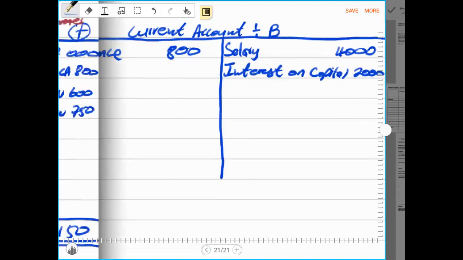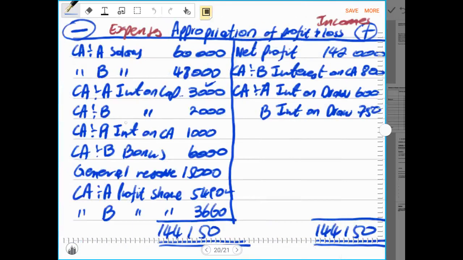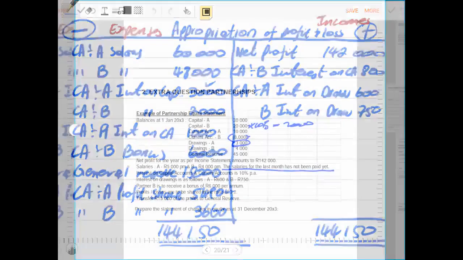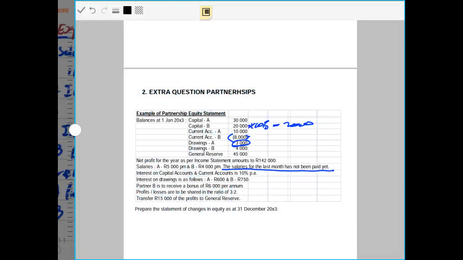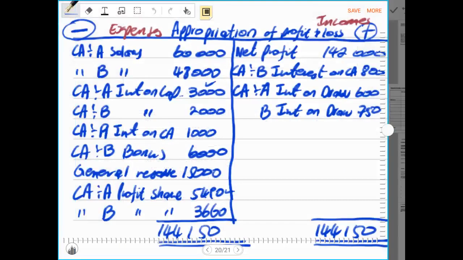Then after, remember, we've recorded again for partner B the bonus, because partner B was entitled to a bonus of 2,000 rands by the end of the year. So now they also receive a bonus of 6,000 rands.